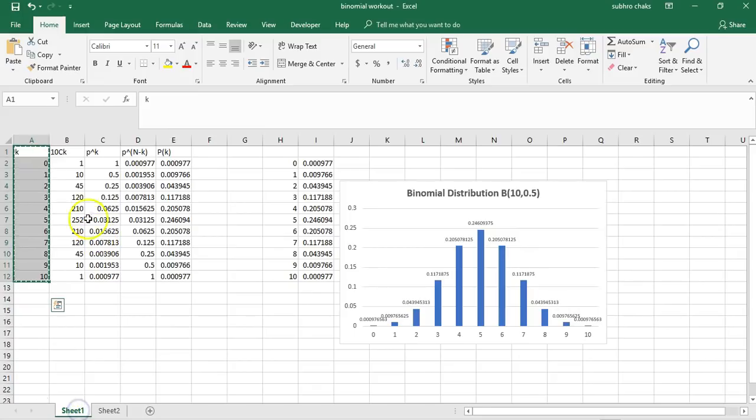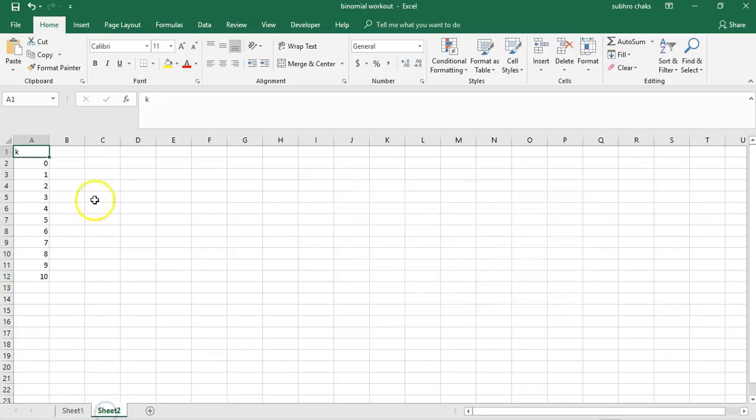Now I'll take the C value, that is the combination values that we saw, that is the number of orders in which the heads can appear. If there are 0 heads, there's only one possibility.